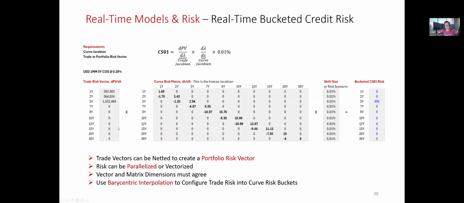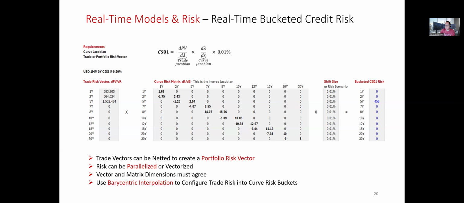So anyway, we talked a bit about how to get the trade Jacobian and how to format it using barycentric interpolation. We multiply that by the curve Jacobian times 1 basis point, and then you get your risk. So here's the trade risk factor. You multiply this by the inverse curve Jacobian, and multiply that by the shift size or risk scenario. If you want to run a risk scenario, you could do that as well.